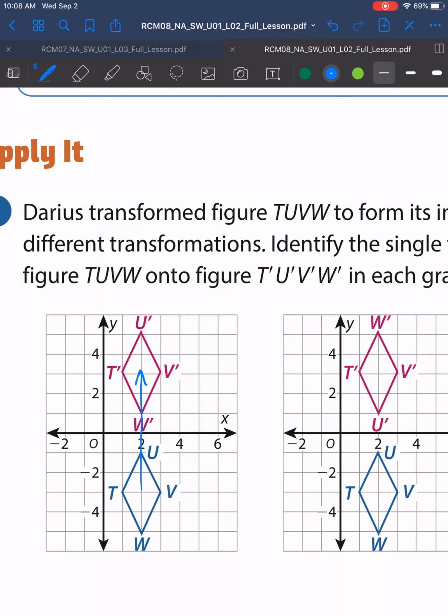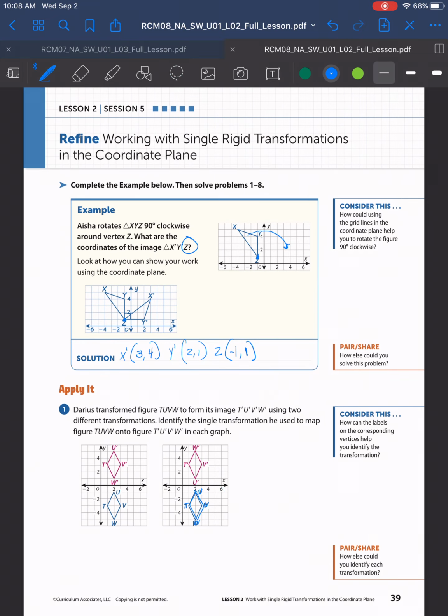Like it looks like it just slid. And I know that because if I were to actually translate this and then move it, do you see how everything lines up? T is where T is, W is where W is, U is where U is, V is where V is. That looks like a translation to me, okay? So the first one is a translation.